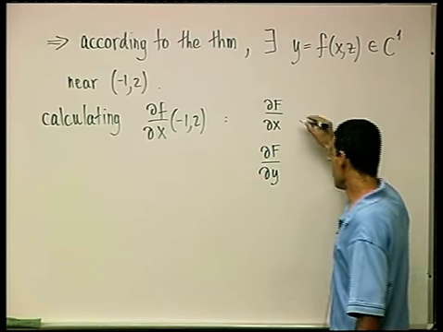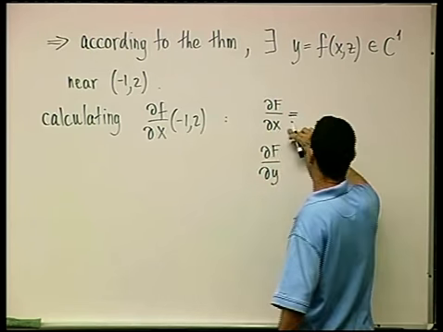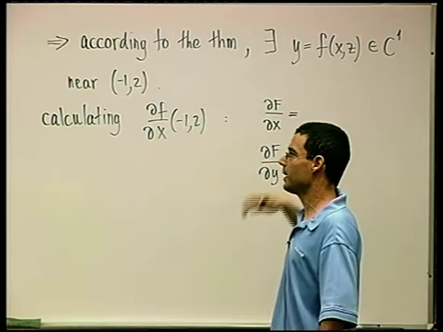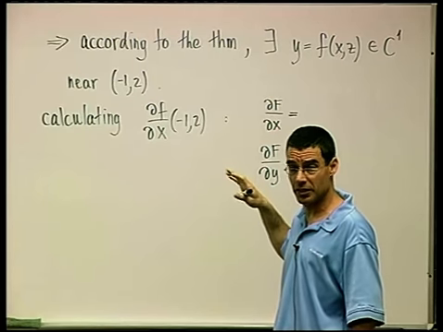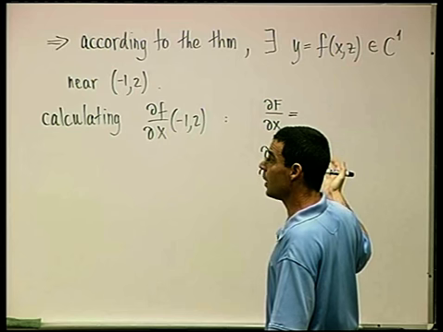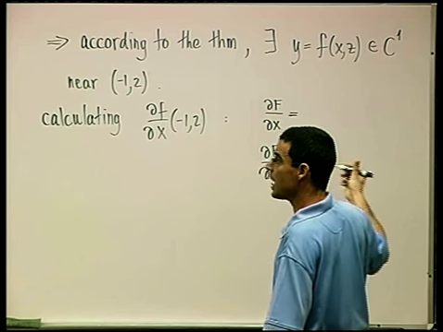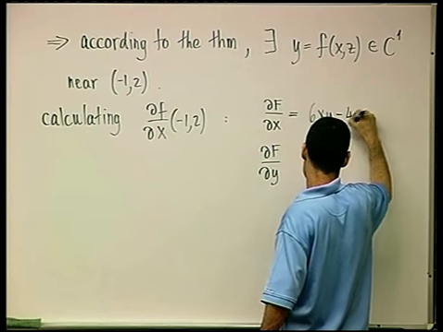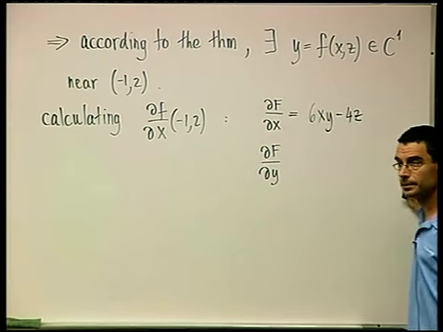Okay? So what's the derivative of f with respect to x? F was that relation 3x squared y minus yz squared minus 4xz minus 7, remember? Its derivative with respect to x is what? It's 6xy minus 4z. Do you agree?